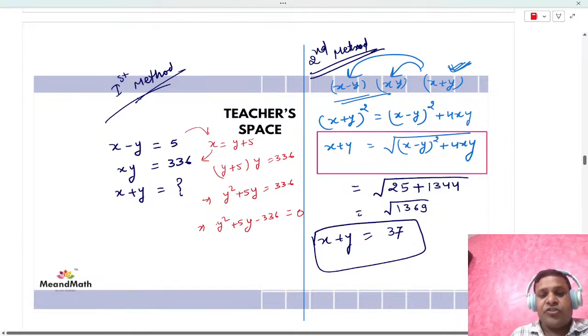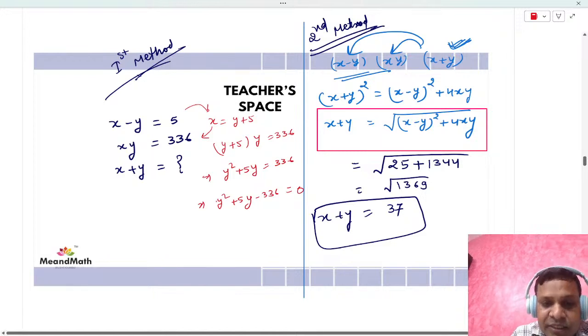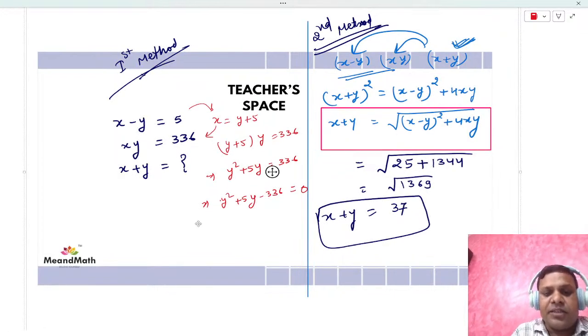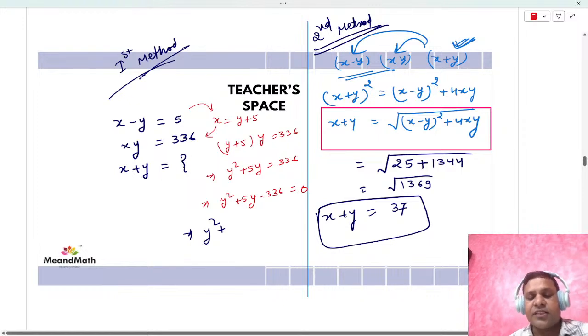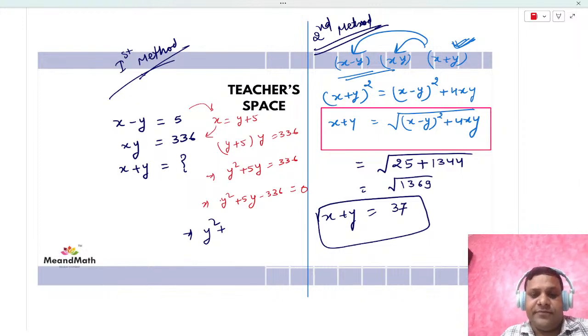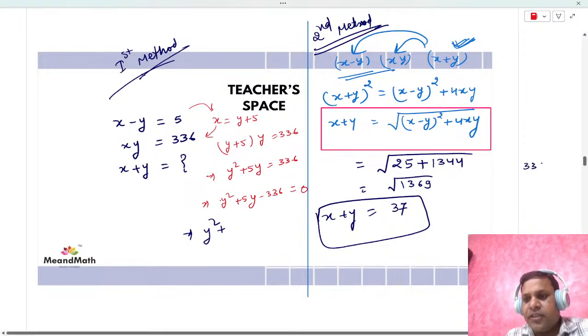Let's check whether we can also solve it by the first method. So just splitting the middle term. By splitting the middle term, this is y square plus, now split 336 in two parts such that the sum is 5. We can factorize 336 as 16 into 21. Let's check.